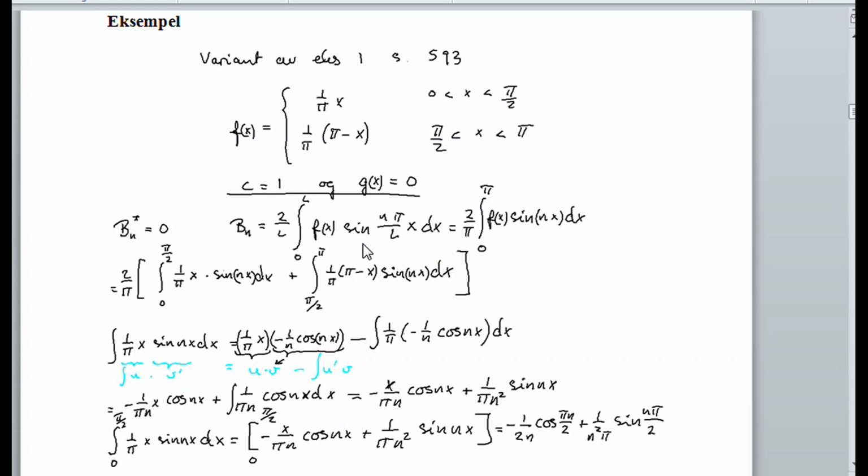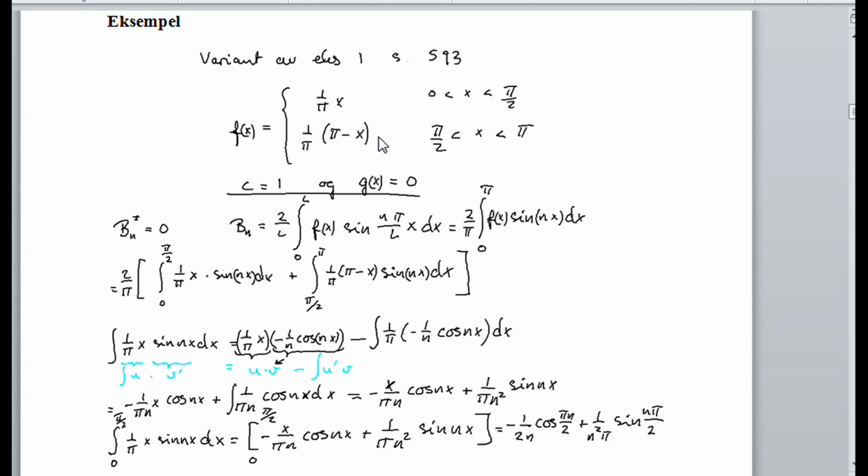We are now going to show you the following example. It's an example where the initial displacement f of x is a piecewise defined function, and in the region when x is from 0 to pi over 2, it has the following description: 1 over pi multiplied with x.